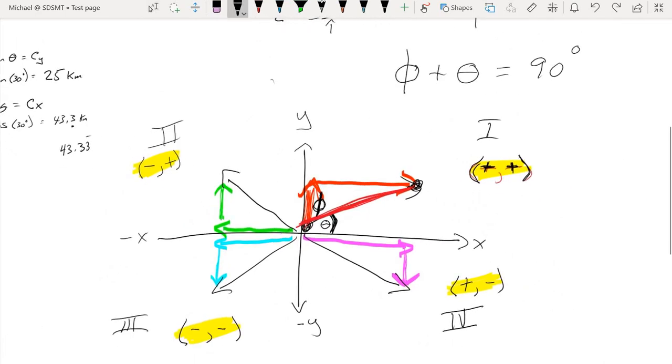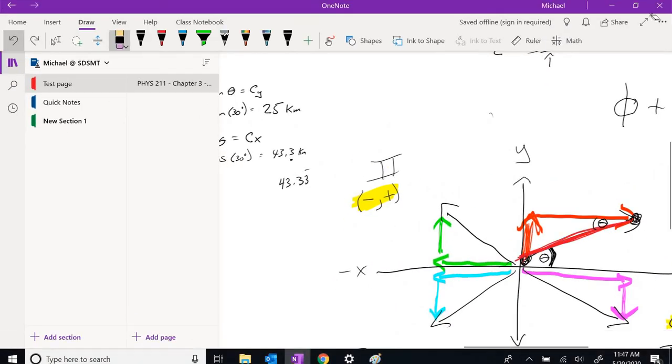Alright. So this means that we can just move theta up into this back corner if we wanted to, and we wouldn't even have to mess with phi. But do remember, I keep forgetting to turn my eraser off.